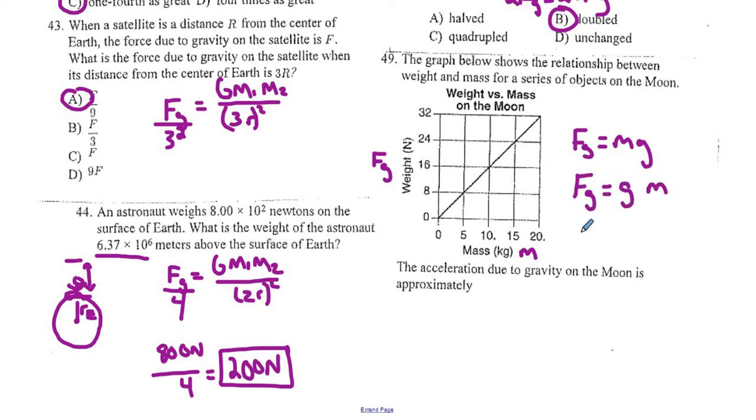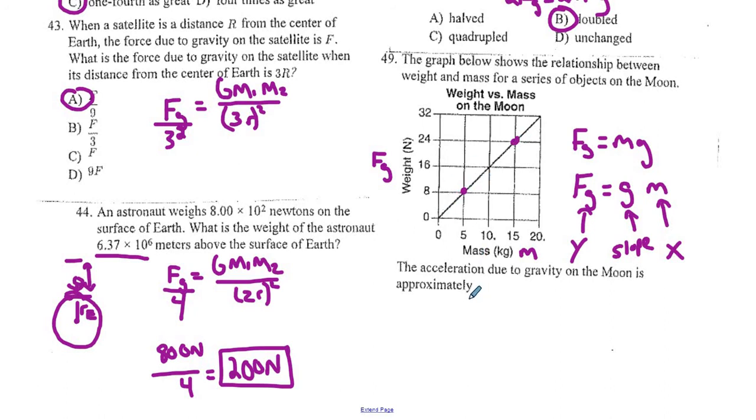The reason why this is important is that this is what I have on my y-axis, this is what I have on my x-axis, and this is my slope. So, if I want the acceleration due to gravity, find the slope. Maybe I'll use 2 points here. You can use any 2 points.